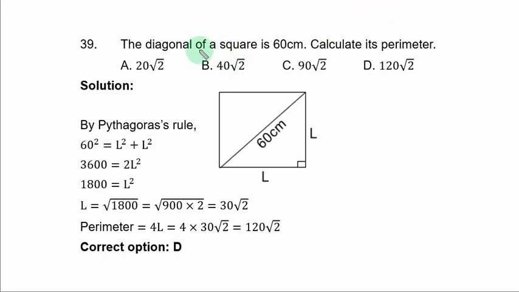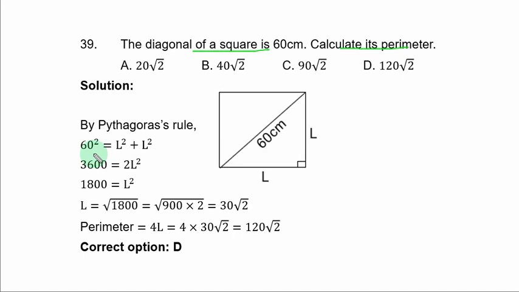Question 39. The diagonal of a square is 60 centimeters. Calculate its perimeter. So you know a square, all the sides are equal, and this is the diagonal. So you have length and length. You have a right angle triangle. Perimeter is 4 times length. So you get the length by using Pythagoras rule.